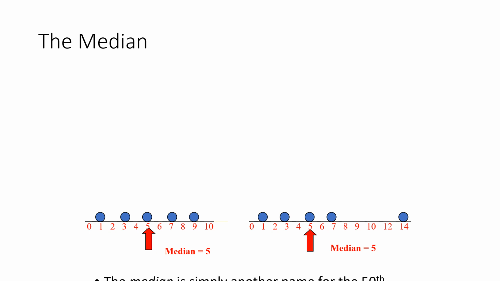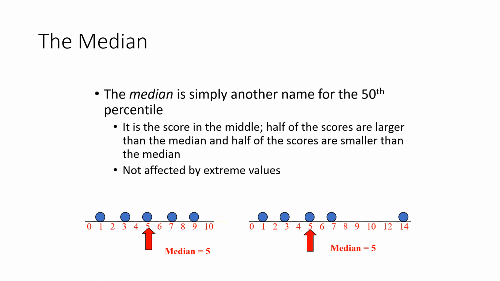Now the median. What is median? It is a score in the middle. Half of the scores are larger than the median and half of the scores are smaller than the median. It is not affected by extreme values. Extreme values, also known as outliers.